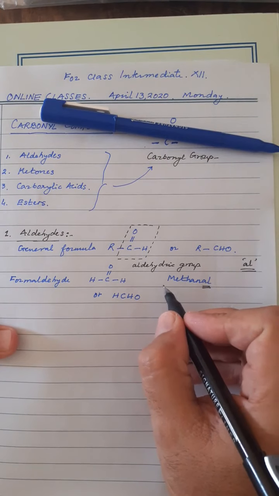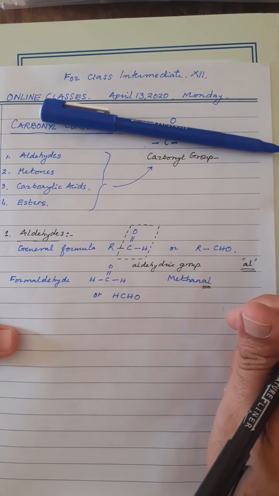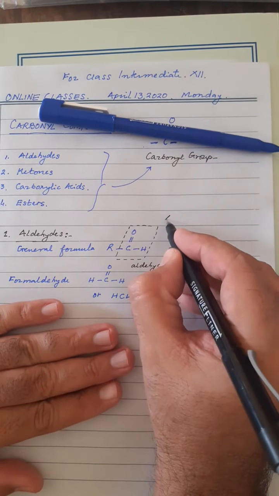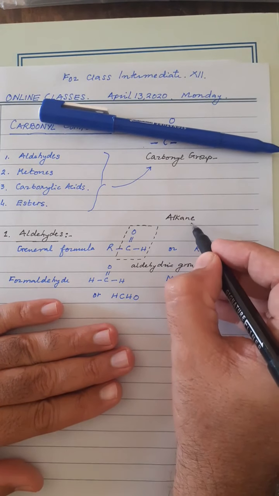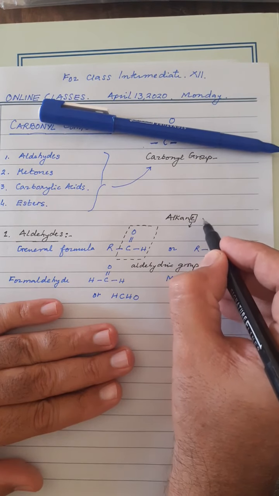And the prefixes are like methane, so it's just like the alkane. Remove the E and replace that E with al. Just cut this E and replace this E with al.